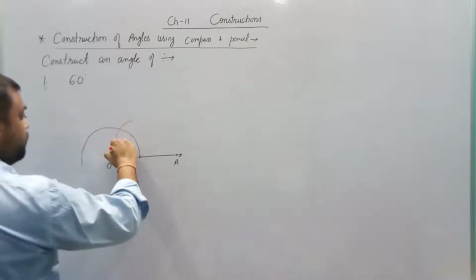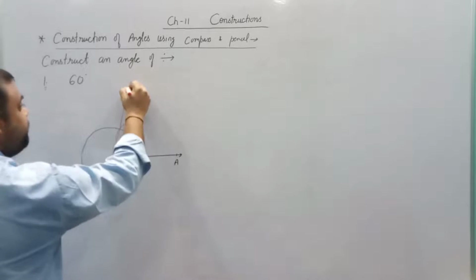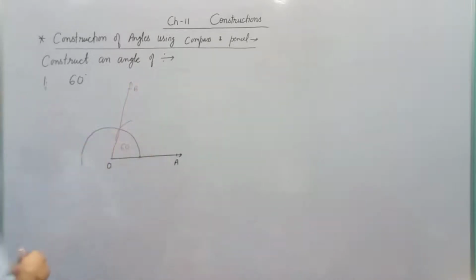Join O to this arc. So OAB is 60 degrees.